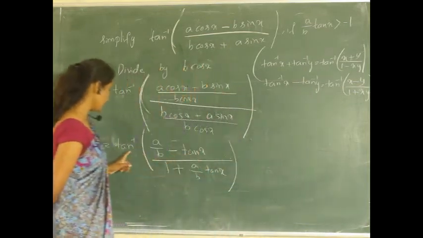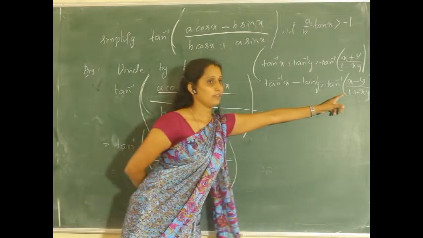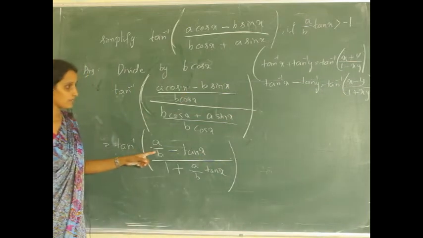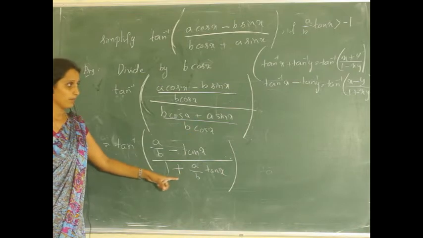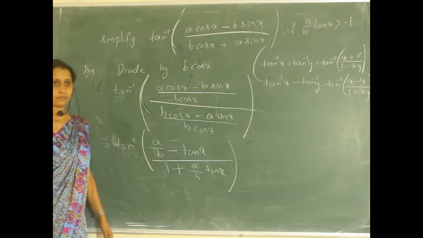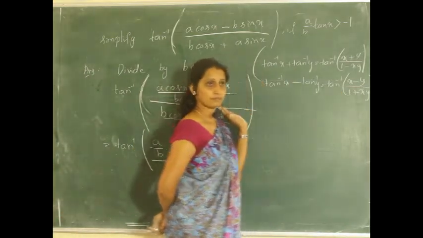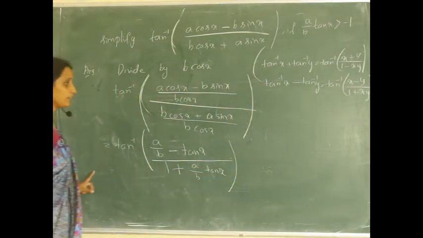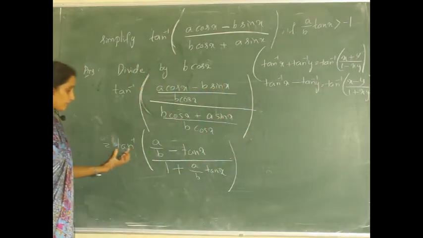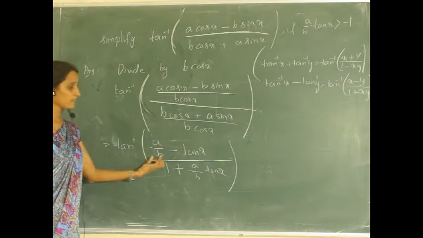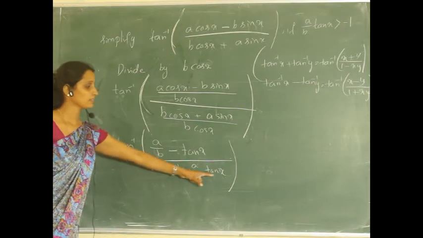Now we can write it as tan inverse of x minus y divided by 1 plus x into y, which is the right hand side of this formula.